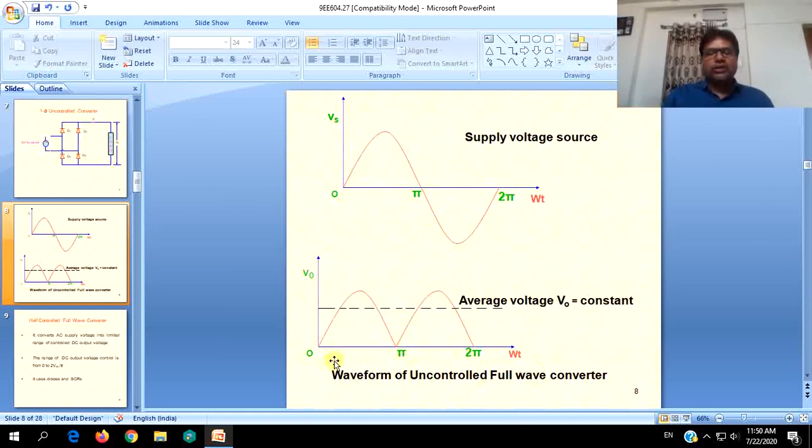Eventually the load will be getting full positive voltage which varies as a half sinusoid, which we can regard as if the net effect is an average output voltage of constant magnitude applied across the load. This is of uncontrolled converters, where it is a unidirectional current.